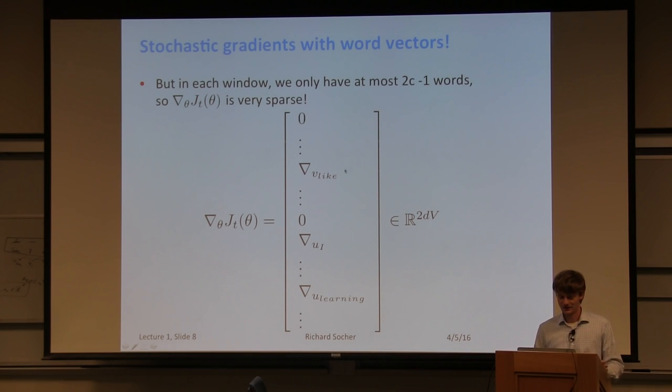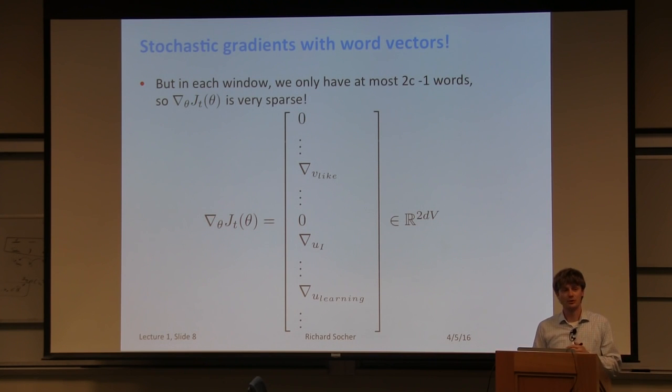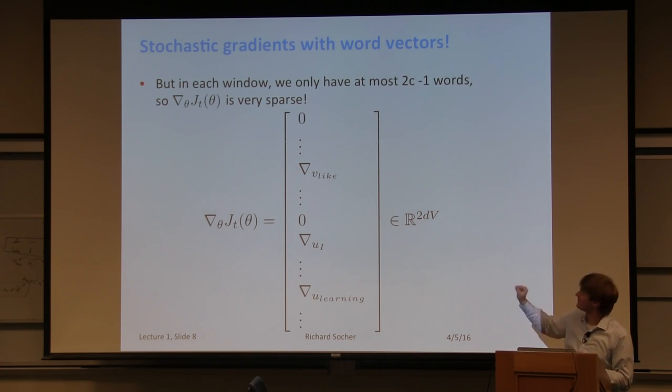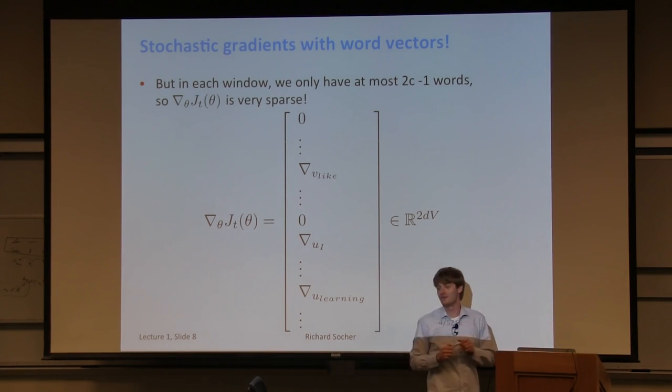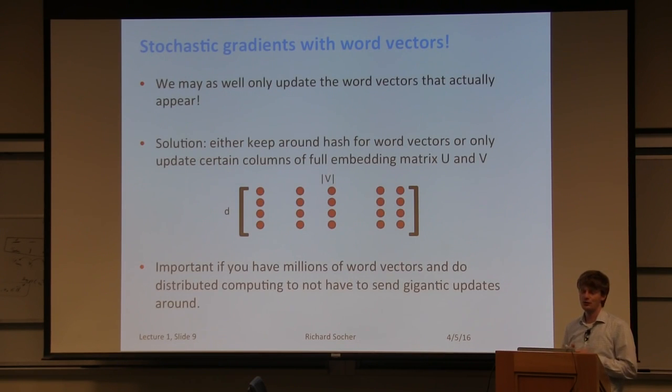We'll have only derivatives for the inside vector of like and the 2 outside vectors of I and learning. And so instead of actually creating that, and this will be very important for all your implementations, because if you implement everything naively with single for loops and indices and then gigantic vectors where you're going to go over every single one and you have here a million numbers that are all 0, it is not going to be very efficient code. And so there are a lot of things that we can do that are much smarter than that.